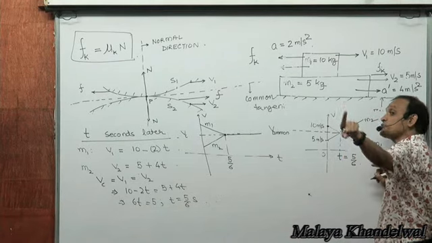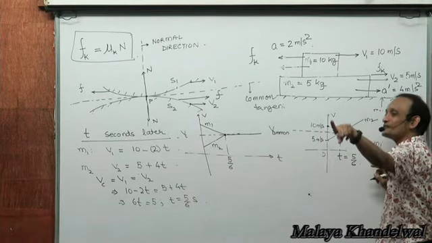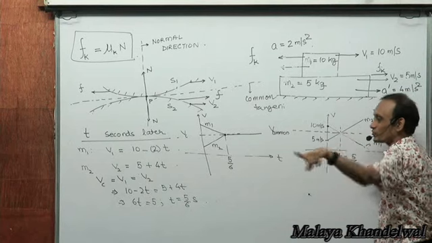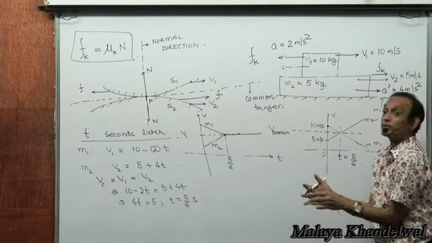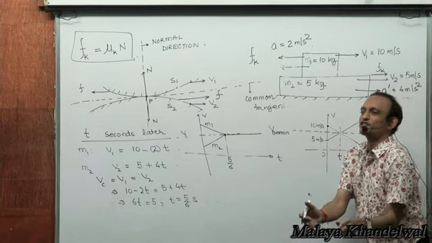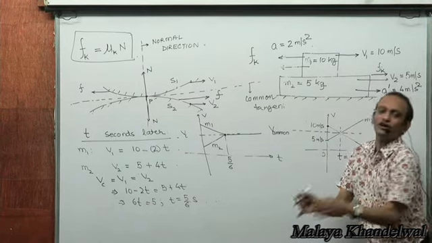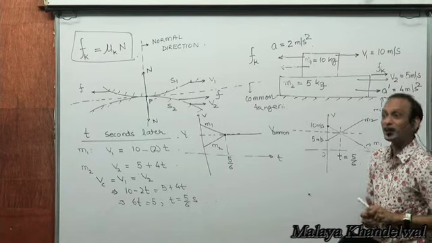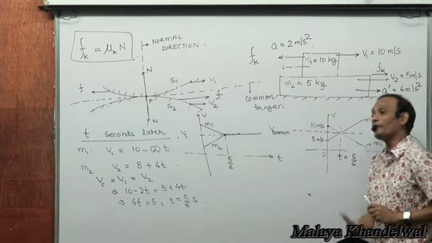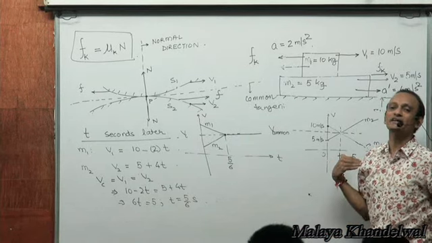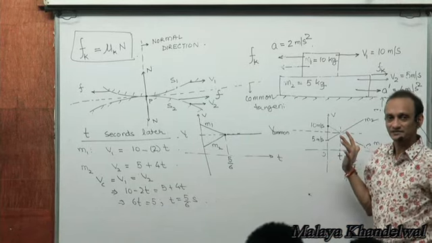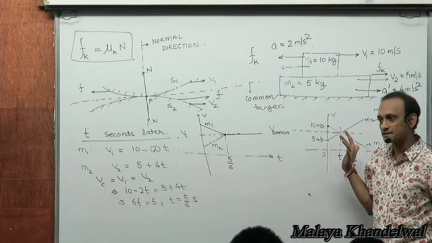Because after this point, friction becomes 0. From t equal to 5 by 6 onwards, kinetic friction ceases to act because there is no need for it to act. It will act only to the extent and only for the time where it is required. After which, it will withdraw itself, go into its shell. This is what it does.